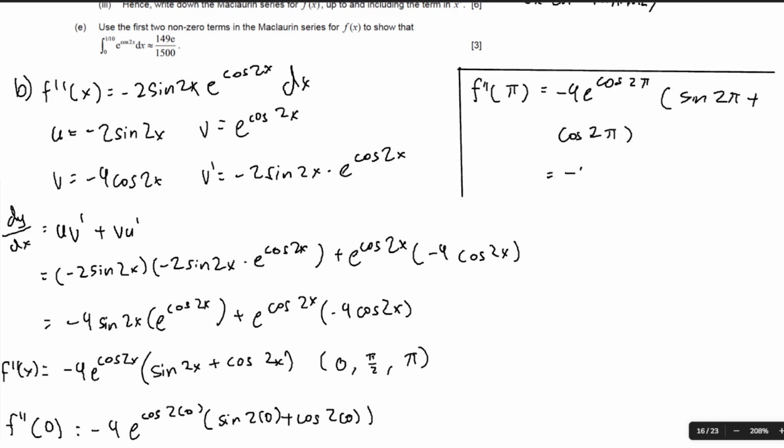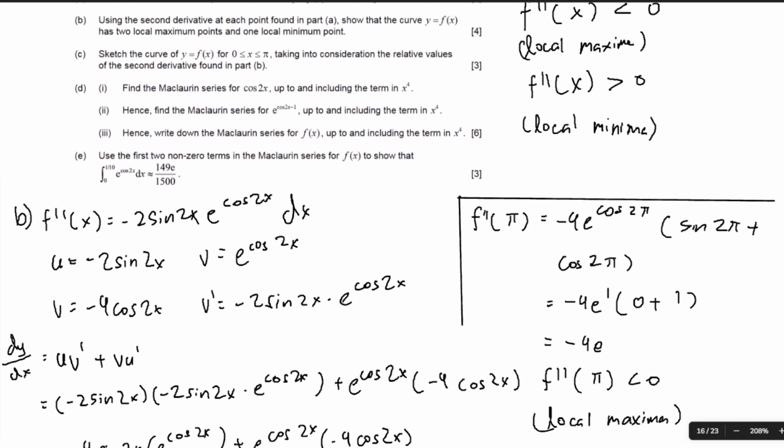From here, our cos 2 pi is 1, our sine 2 pi is 0, and our cos 2 pi is 1. So we would be left with minus 4e, which is again less than 0, which means that this is our local maxima.